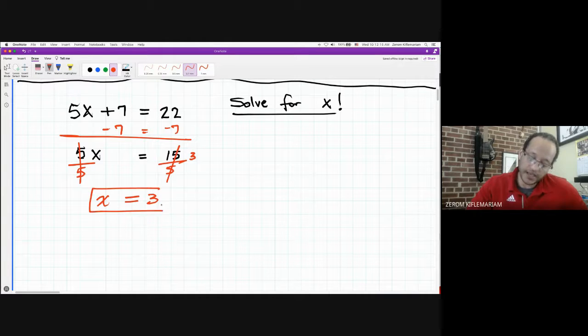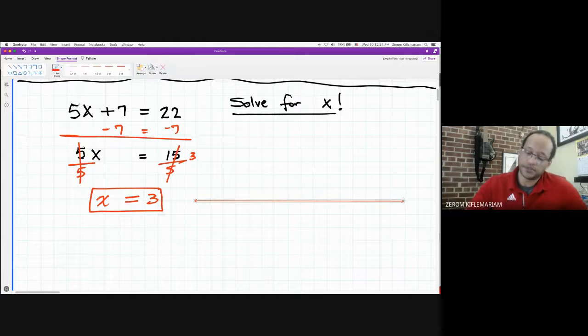When we say x is equal to 3, I'm referring to a number line that's called x.